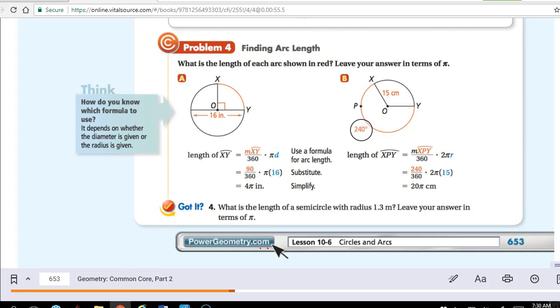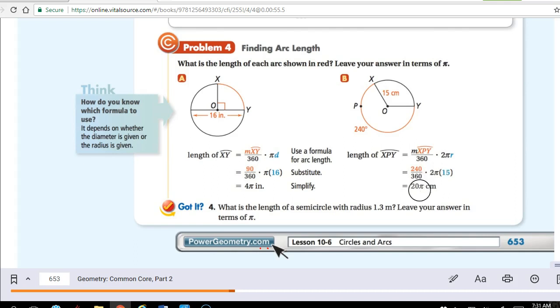Okay. Now, the other formula, say for instance we're looking at this red one, it tells us that arc is 240 degrees. So again, to find what fraction of the circle that actually is, take 240 and divide by 360. And then, because you're only given a radius here, you're going to multiply by 2 pi r rather than pi times diameter. Okay? Because you were given the radius. So 2 times pi times 15. Again, load everything in your calculator except for the pi.